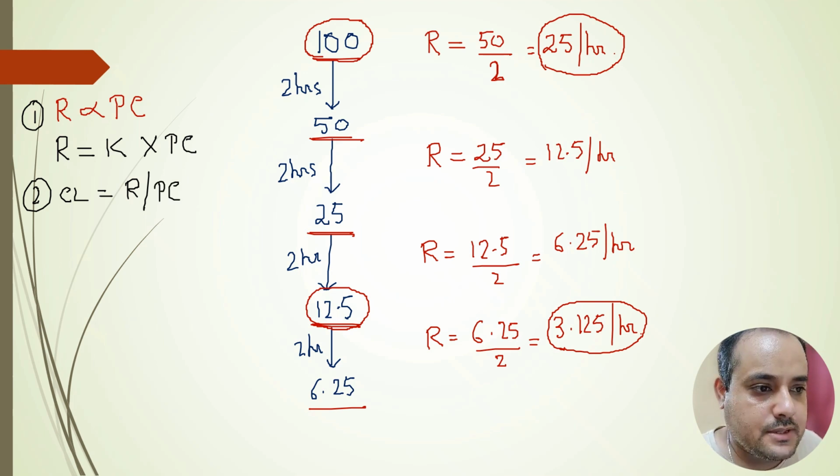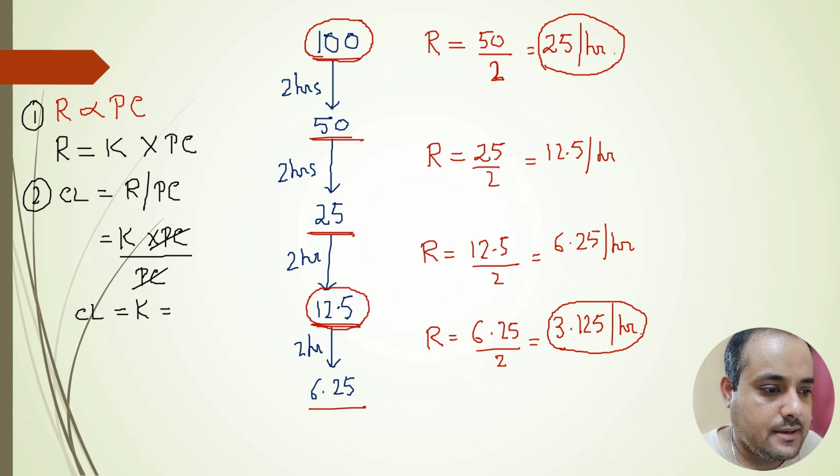The rate of elimination is K times plasma concentration, divided by plasma concentration. So these two will be cancelled. That means the clearance will be equal to K, and this K is a constant. So we can say that the clearance for first order kinetics will be a constant.